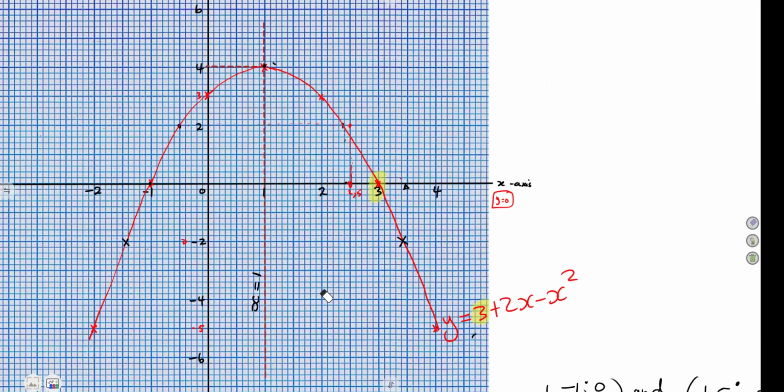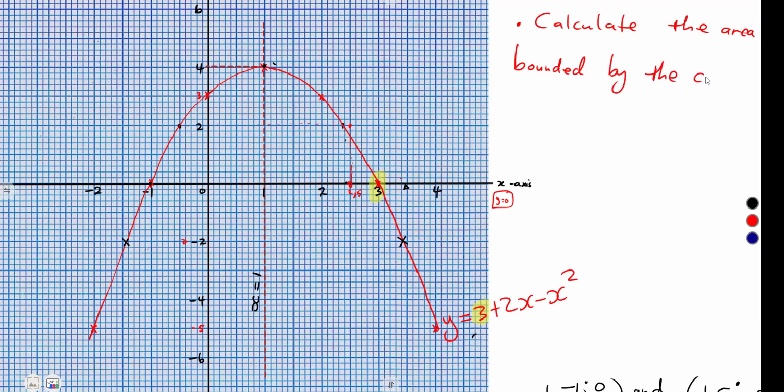For an example, I'm going to use this graph that we have been working with before. I want us to calculate the area bounded by the curve, the y-axis, and the positive x-axis.